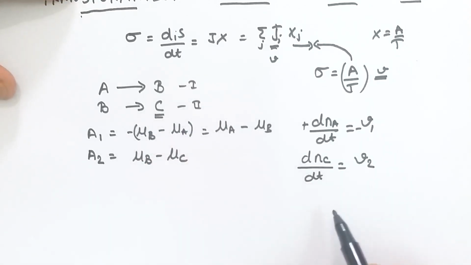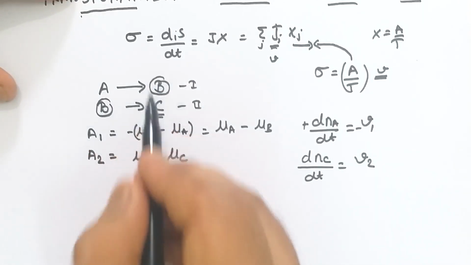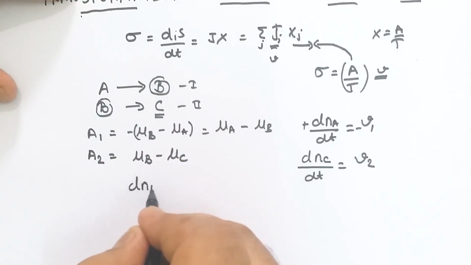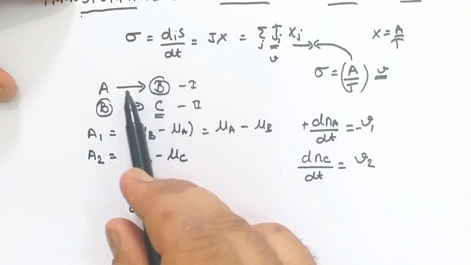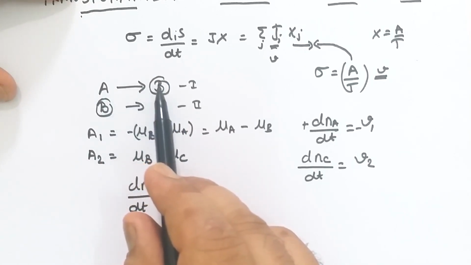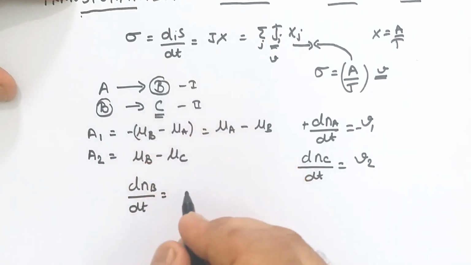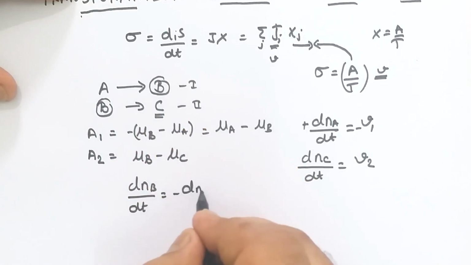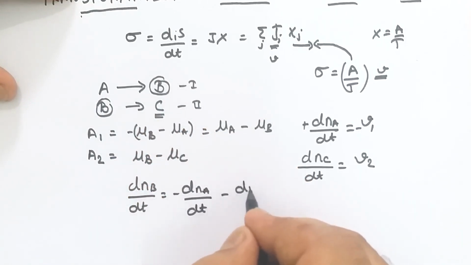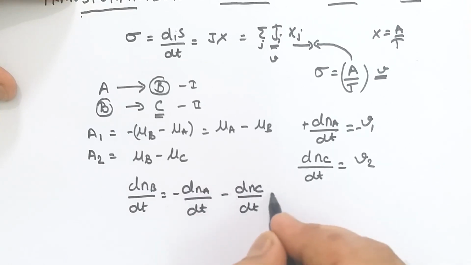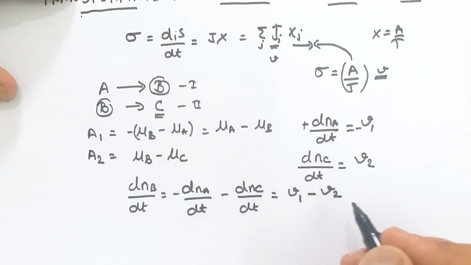Okay, now the change in number of moles of B, that is dNB upon dt. We know the change in number of moles of B will be the amount of formation of B minus the amount of consumption of B, so that we can write as minus dNA upon dt minus dNC upon dt, and this will be nu1 minus nu2.